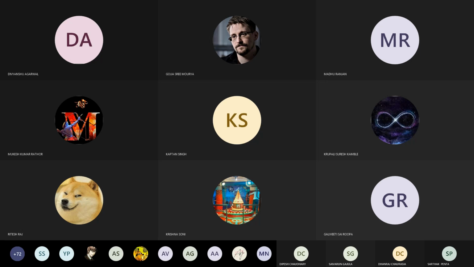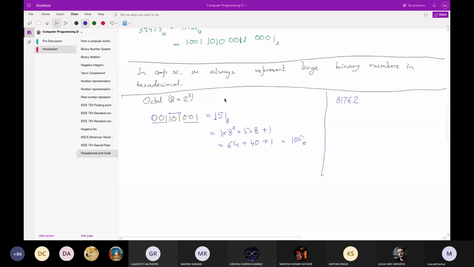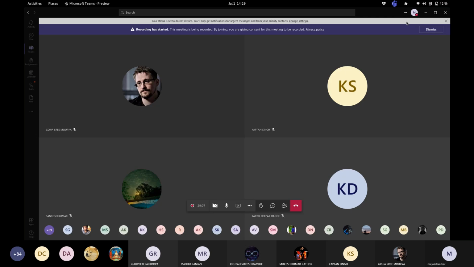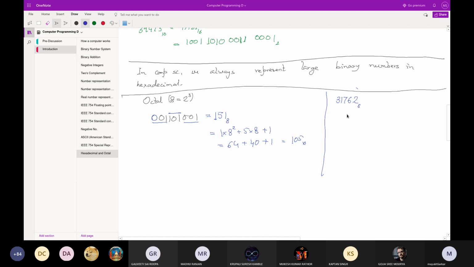So if I have something like, say, 31762, suppose that's in octal, you can convert it back to binary again by following the simple rule, but this time with 3 bits.